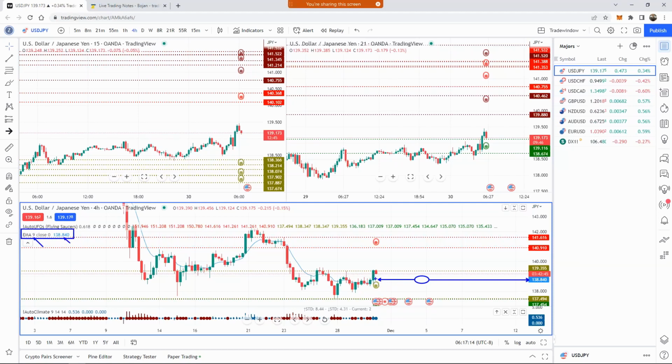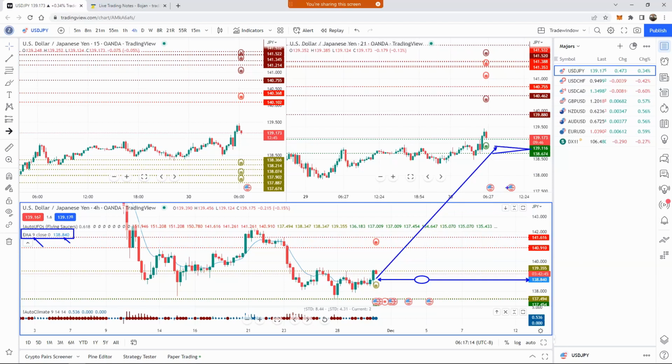Okay, so we combine the information that the 9 exponential moving average is giving us with the auto UFOs and auto climate. How do we do that exactly? All right, we do that by looking at the current value of the 9 exponential moving average, and we try to have it overlap into a UFO, like the one here, for example, where we see the value of 138.84 is inside of this UFO right here.